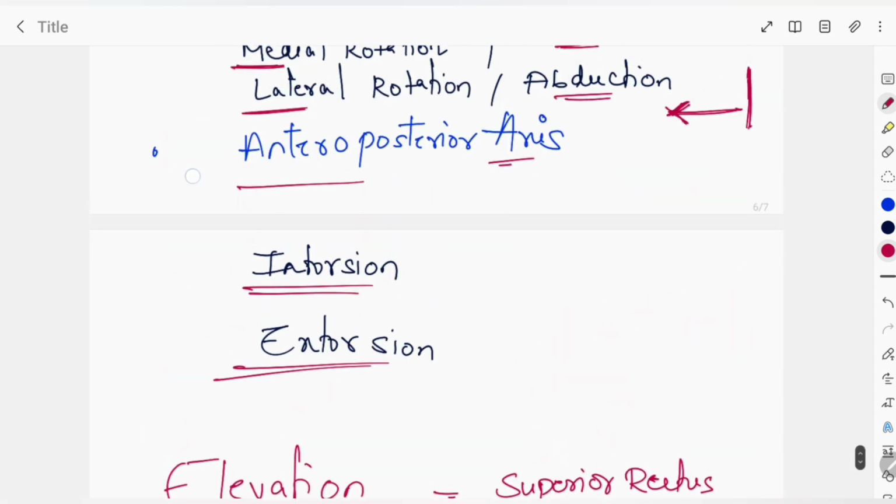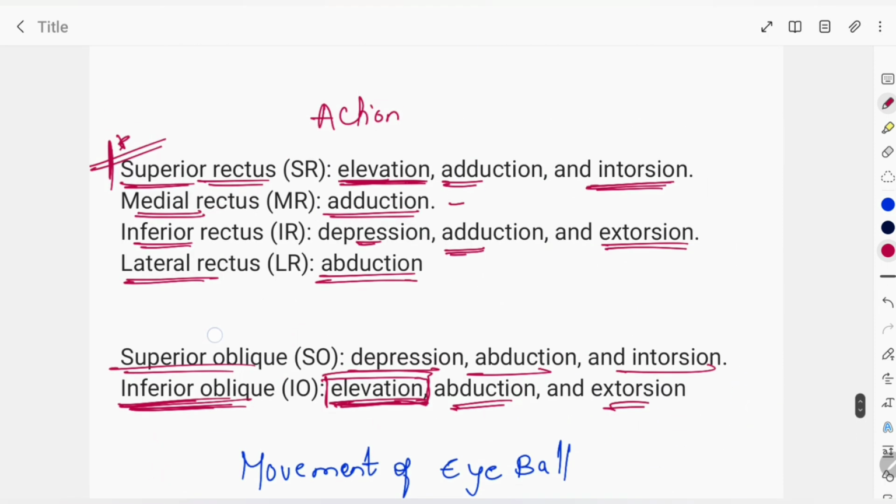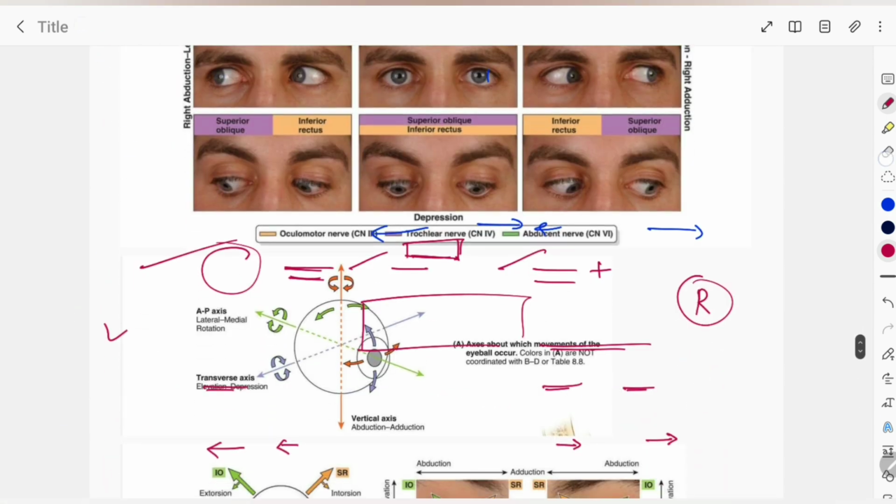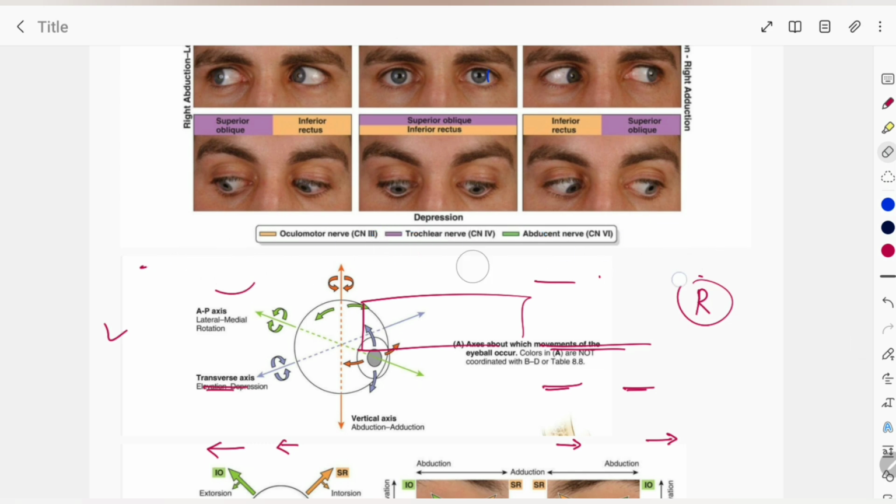Right, now the next one is the depression. For depression, which muscle is required? That is inferior rectus. Whenever we are talking about depression, it is downward rotation. The person is seeing downward.